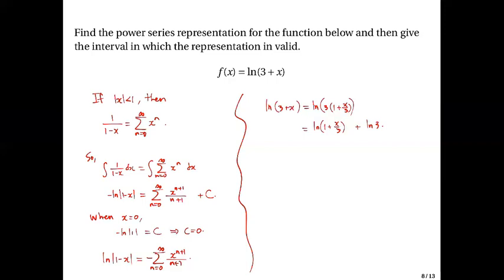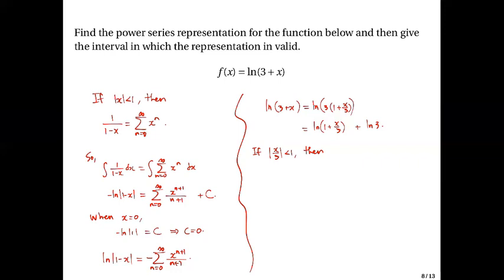Okay? So if we have the absolute value of x over 3 less than 1, then this guy here we can now replace with this expression. But keep in mind, this is plus, this is minus.